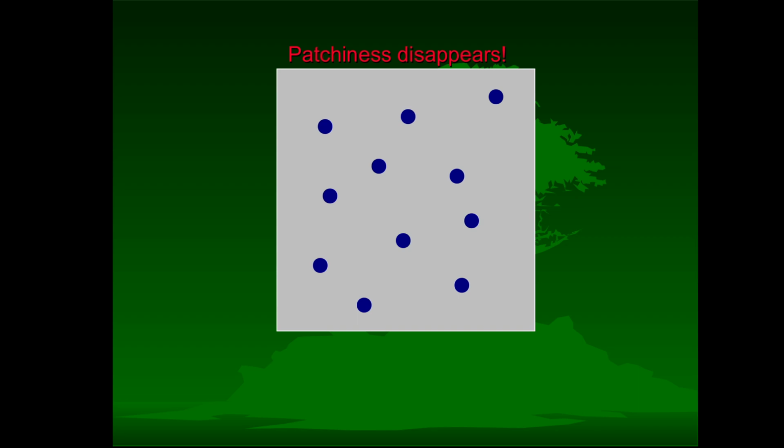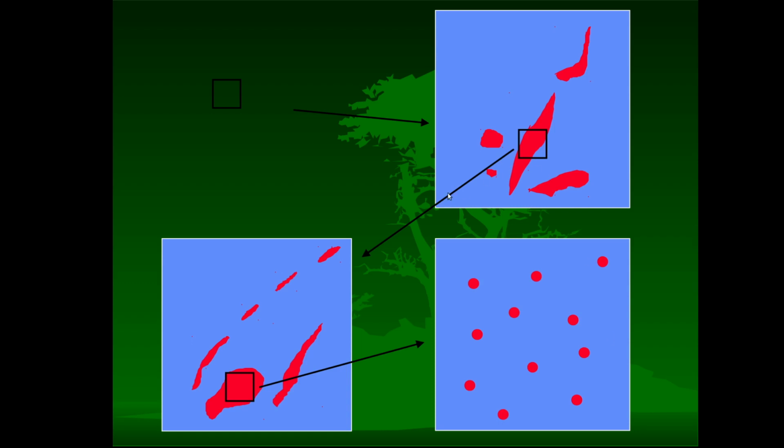And finally, when we get to individual stems, the patchiness disappears. And often we see that individuals might appear spaced at regular intervals as if they're avoiding each other. This is a spaced or uniform distribution. All right, so we start out patchy, and as you zoom in and zoom in more and more, you still see patches, but eventually you get to a uniform distribution of individual organisms or individual ramets.